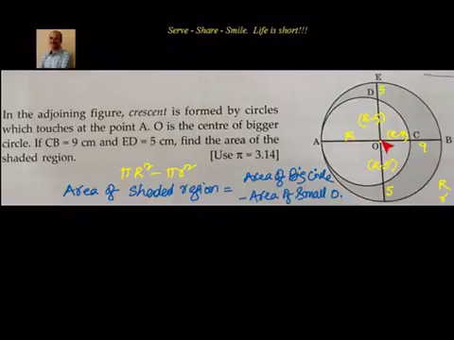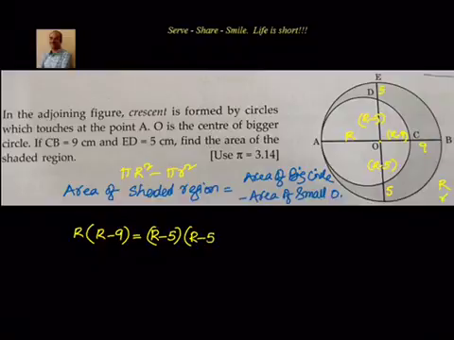Because O is the center of the big circle, OA equal to R, OC equal to R minus 9, OD equal to R minus 5, and OX is also equal to R minus 5.